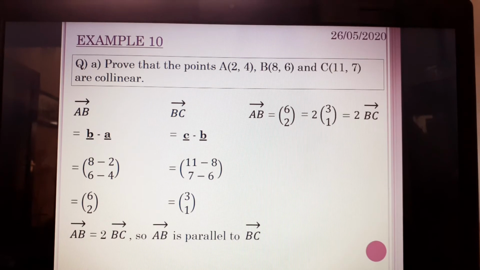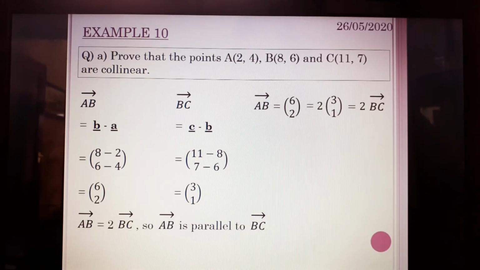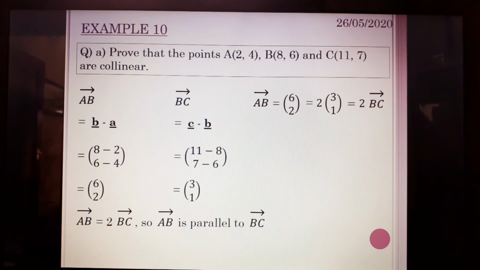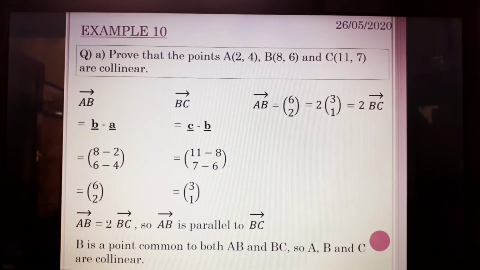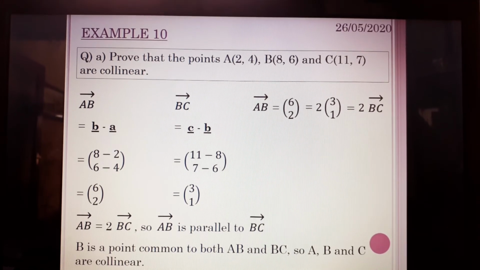So AB is therefore 2 times BC. So that helps us to then be able to say that AB is parallel to BC. But we're not finished there. We have to put in the little fact that B is a point in common to both of the vectors AB and BC. So A, B and C are collinear.